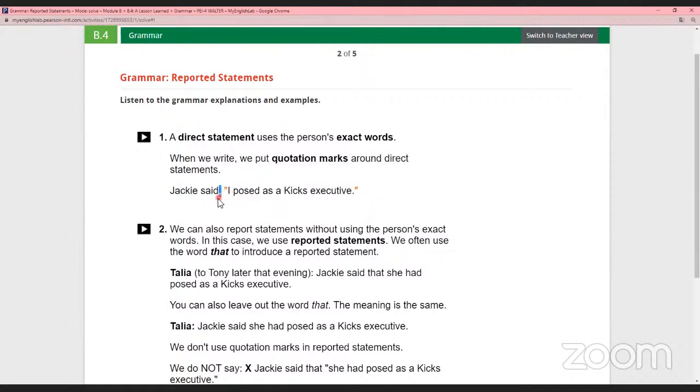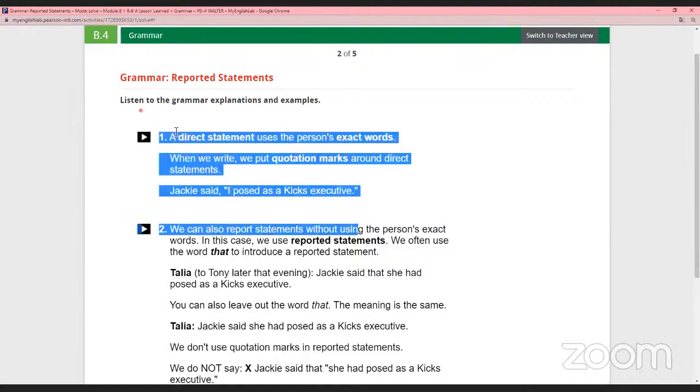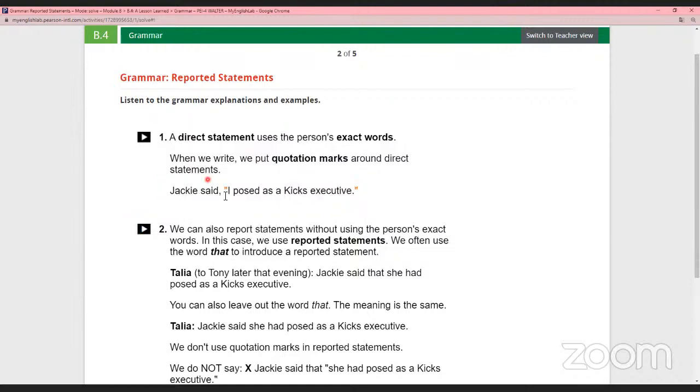It's Jackie said, comma, quotation marks, then we rewrite what another person has said, okay? There is nothing new in this sentence except the comma and the quotation marks. We're actually repeating what another person has said. So that's the direct statement, right? You're gonna find this in books.